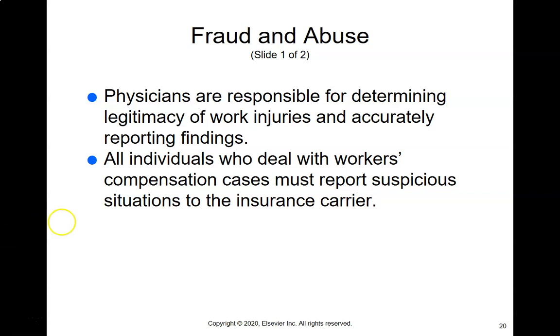Fraud and abuse. Physicians are responsible for determining legitimacy of work injuries and accurately reporting findings. All individuals who deal with workers' compensation cases must report suspicious situations to the insurance carrier. If the claim is knowingly fraudulent, fines may be imposed, licenses may be revoked, and imprisonment may result.